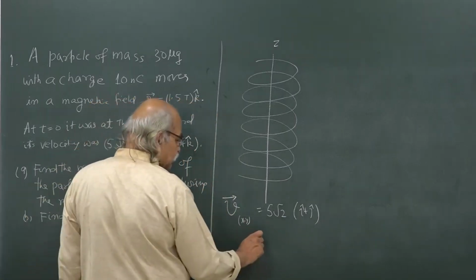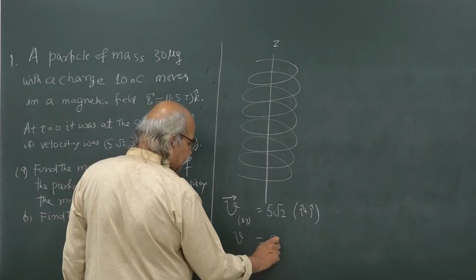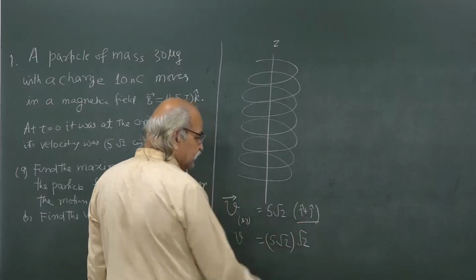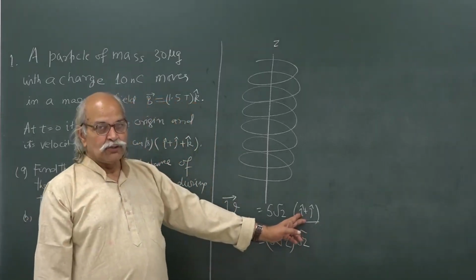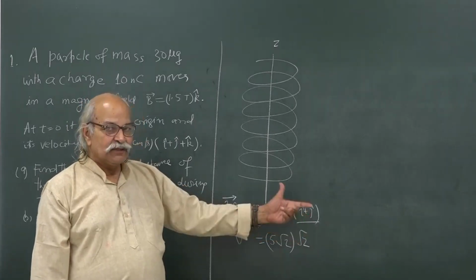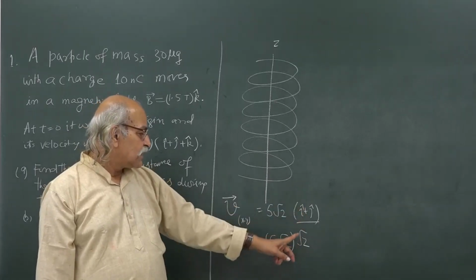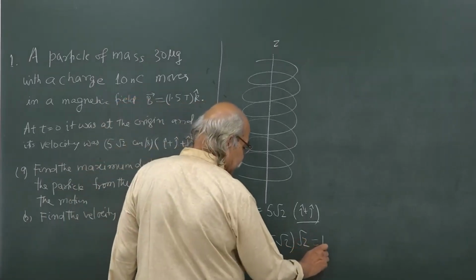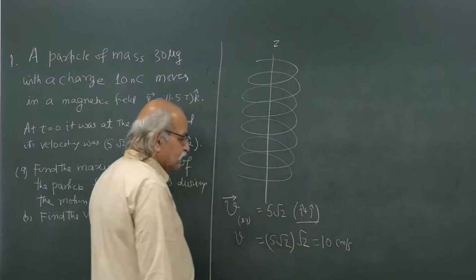So, the magnitude of this velocity will be 5 root 2 times root 2, because this vector i cap plus j cap has magnitude root 2. The x component is 1, the y component is 1, and therefore, the magnitude will be square root of 1 square plus 1 square. So, this is 10 centimeter per second, all lengths in centimeter and time in second.